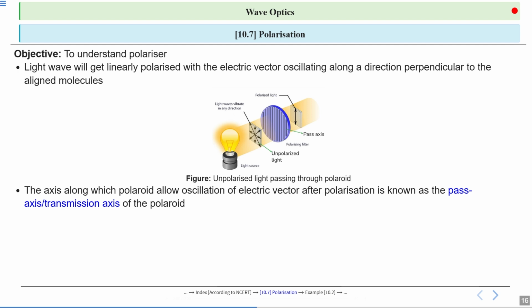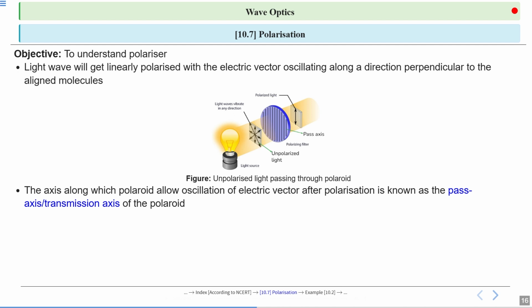Now let's focus on the axis of the Polaroid. The axis along which the Polaroid allows the oscillation of the electric field vector is known as the pass axis or transmission axis. If the Polaroid is allowing the oscillation of the electric field vector in the y direction, then the y axis is the transmission axis of this Polaroid.